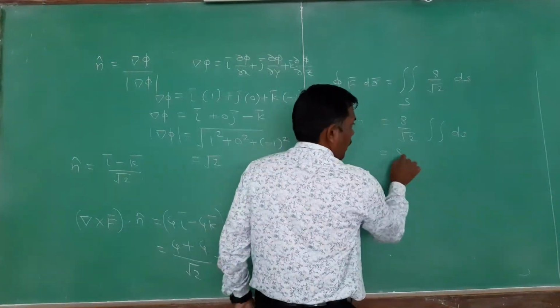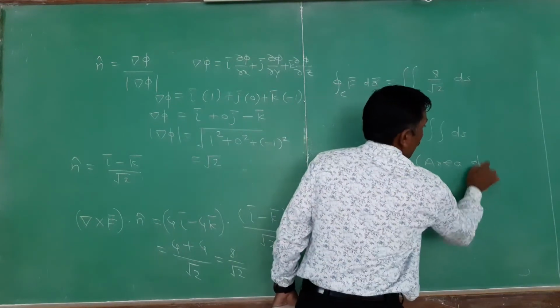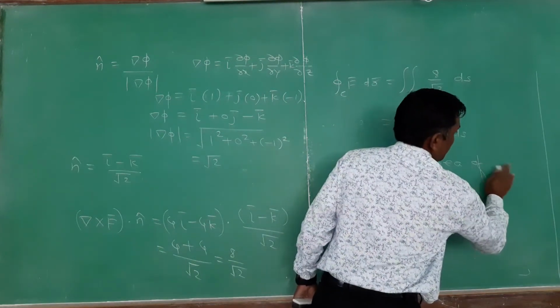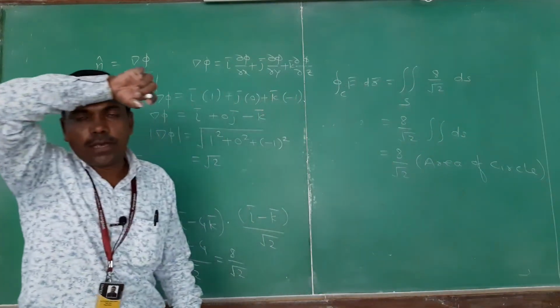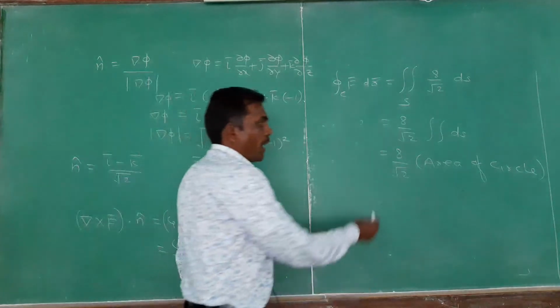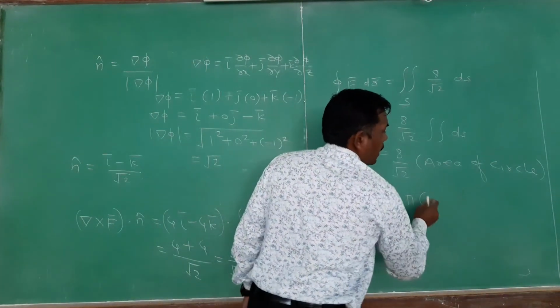So 8 upon root 2 times the area of the circle, and we know that area of a circle is pi r square. So 8 upon root 2 pi r square.